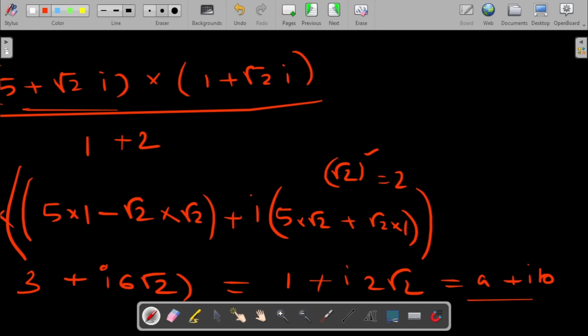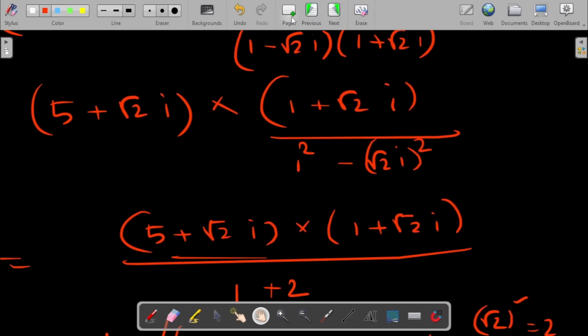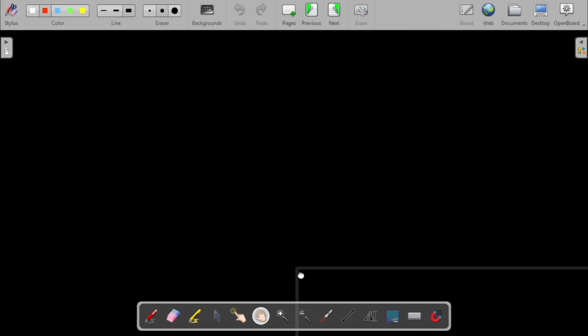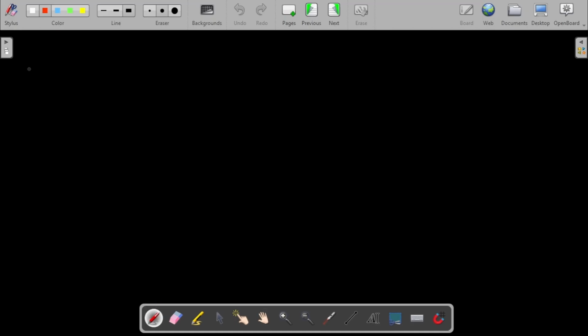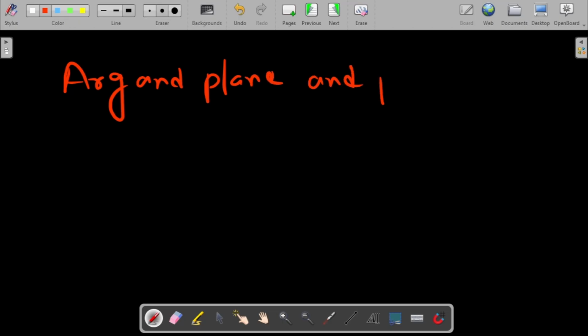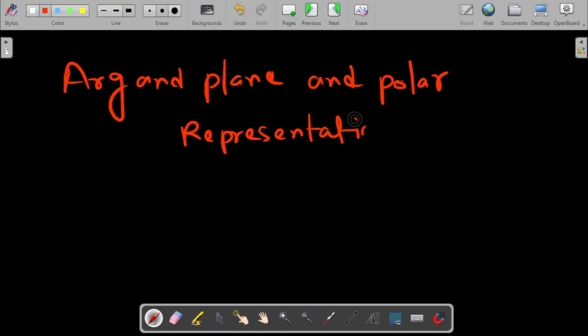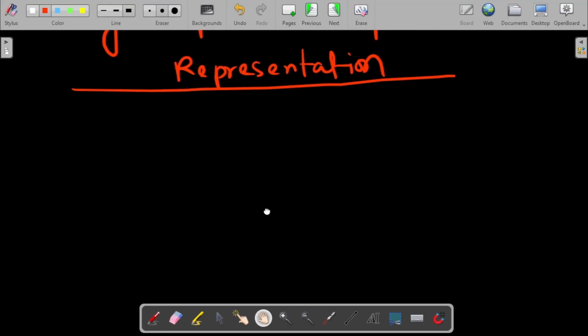Lastly, I discussed Argand plane and polar representation. So the complex number x plus iy corresponds to the ordered pair.